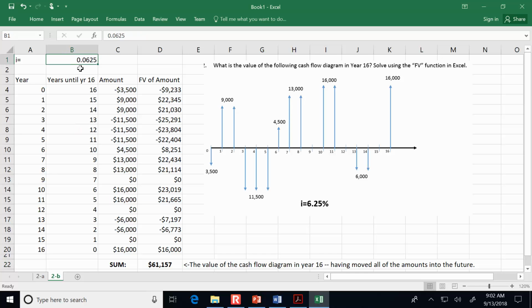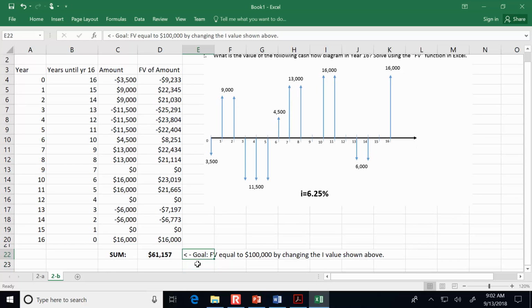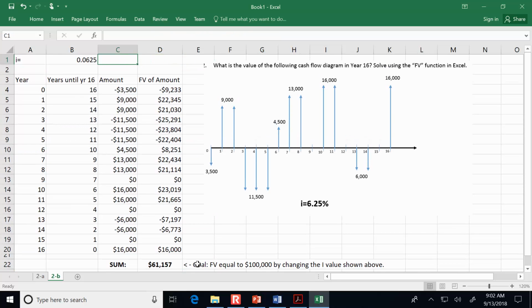So it's going to take more interest to increase the amount. So here our goal is future value equal to $100,000 by changing the I value shown above. So then I just write a little note to myself here.